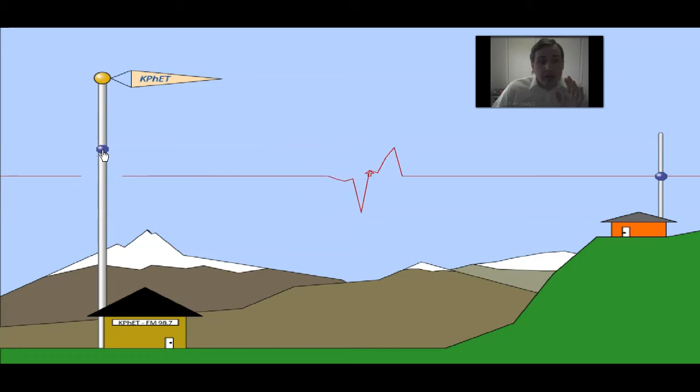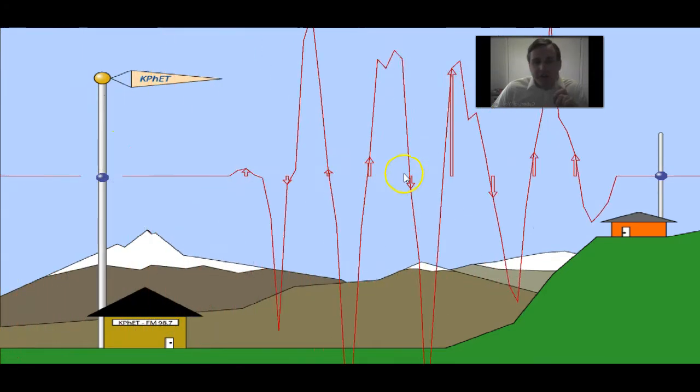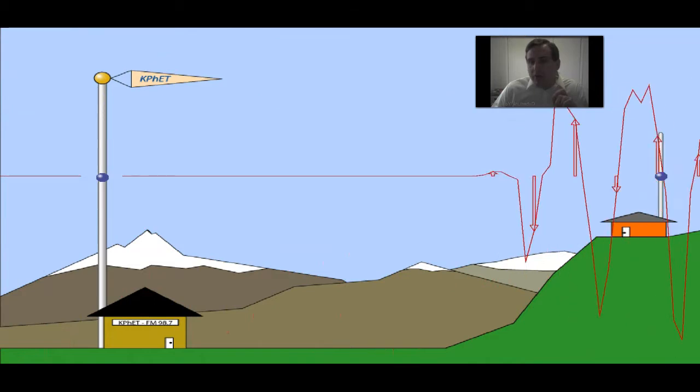Notice, look at that. We produce an electromagnetic wave, and it looks like it has some reception here at the person's radio antenna at their home. And if I do this more often, or let's say at a higher amplitude, I produce those radio waves. Now look at that.